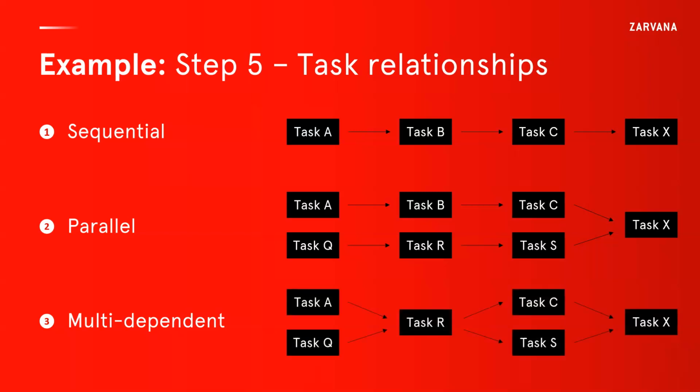The third relationship type is what I call multi-dependent. Here some tasks are possible to do in parallel, but some need to converge and happen at the same time. This is the most complicated of the 3, because you need to coordinate the 2 different parallel tracks of work in a more sophisticated way. An example from the house building world: the owner says, I want a pool in the backyard with a patio and landscaping.